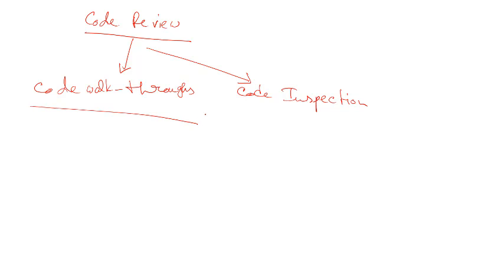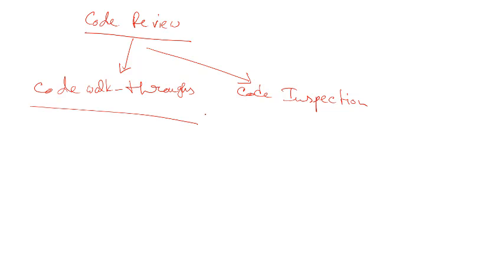Code walkthrough is an informal code analysis technique. Some members of the development team are given the code for a few days before a walkthrough meeting happens. The members read and understand the code. Then each member selects some test cases and simulates the execution of the code by hand.